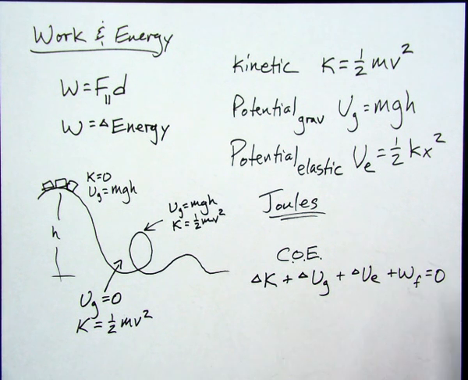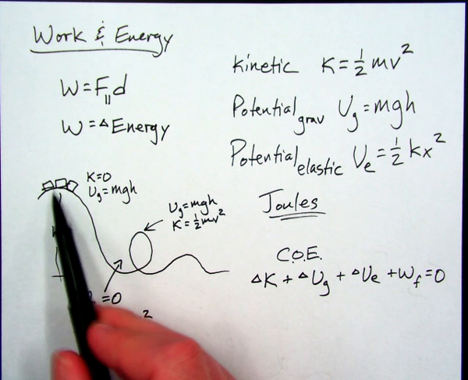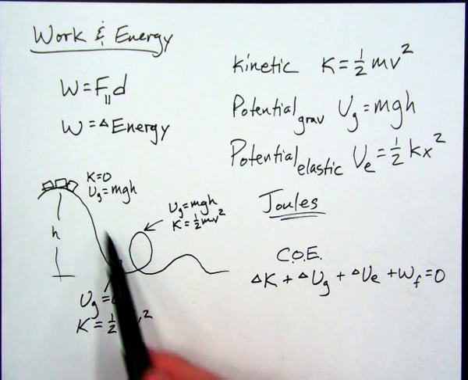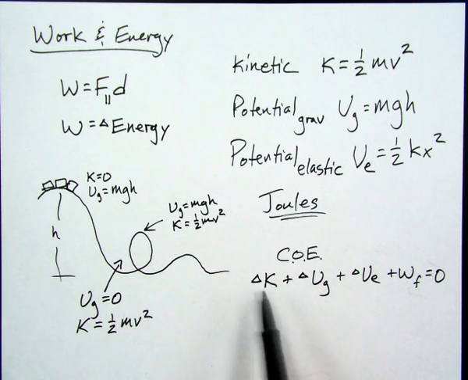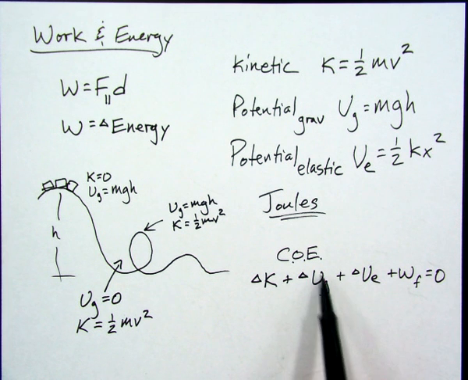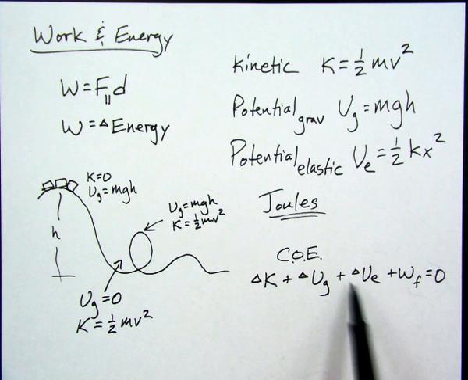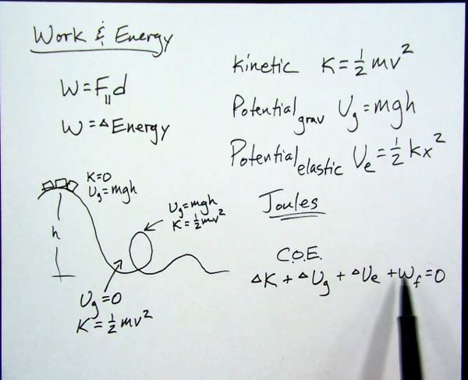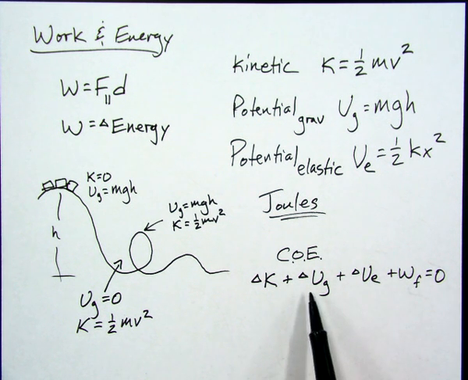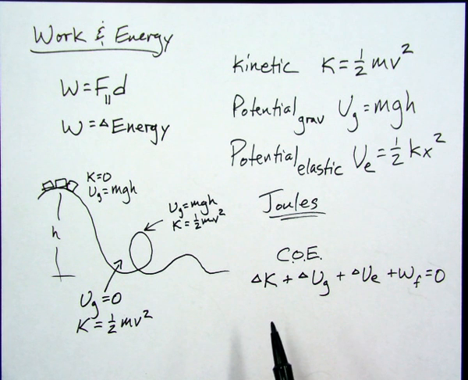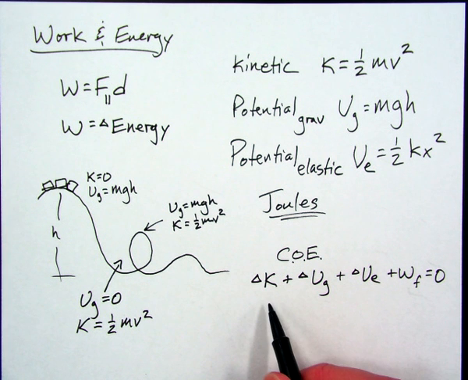This is what we call the conservation of energy. Considering the roller coaster going from the top of this hill to the bottom of this hill, our gravitational potential energy drops. Let's say it loses 1 million joules of energy. Well, there's not any elasticity in here, and if we assume friction is negligible, then its loss of 1 million joules of gravitational potential energy will lead to a gain in kinetic energy of 1 million joules.